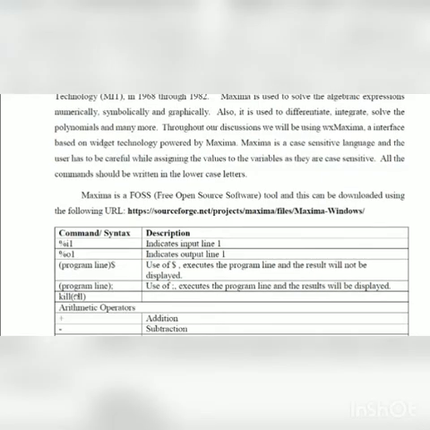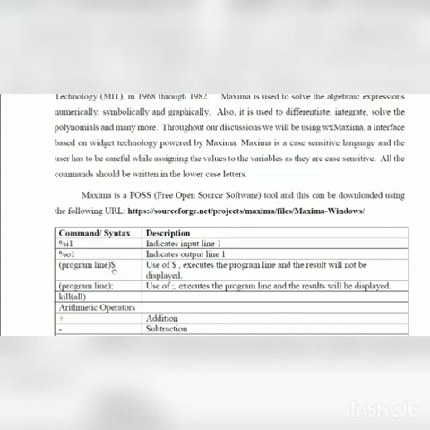Then, after writing every program line, you have to use either $ or semicolon. This is the symbol which is used to terminate. So if you want to terminate a program line, you have to use $ or semicolon. What is the difference between these two?